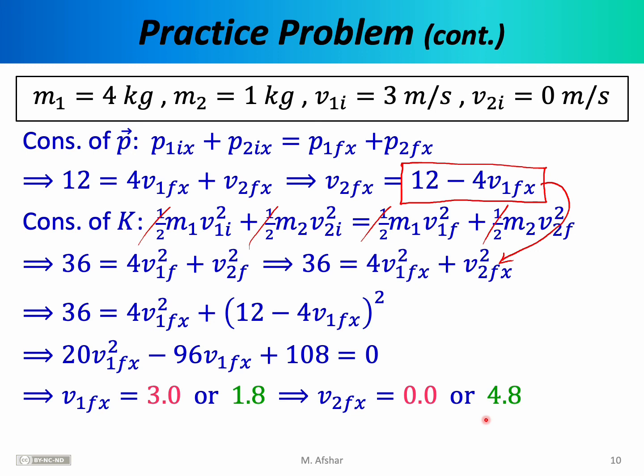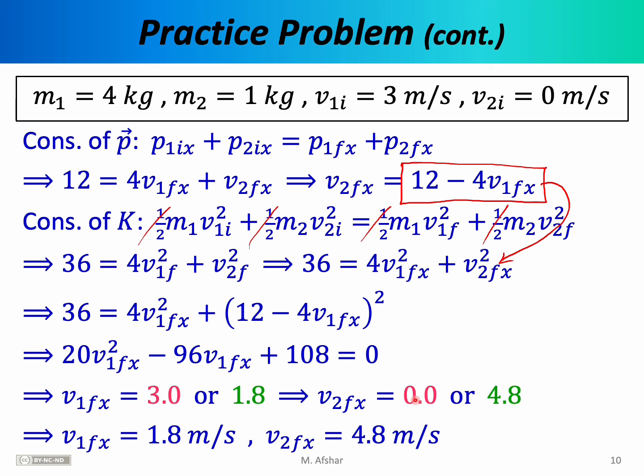So now the question is, what's the right answer? Are the final velocities 3 and 0 for the two particles, or are the final velocities 1.8 and 4.8? If you think about this a little bit, you'll see that the correct answer must be 1.8 and 4.8. Why? Well, because 3 and 0 are no different than the initial velocities.